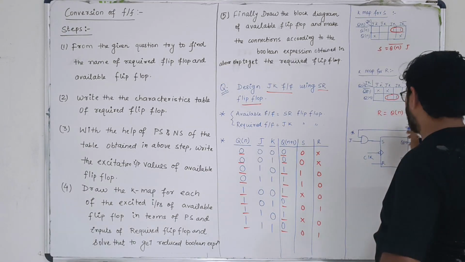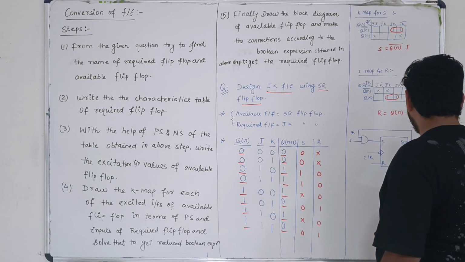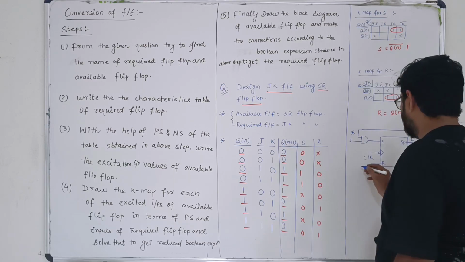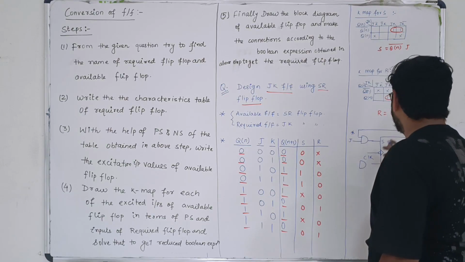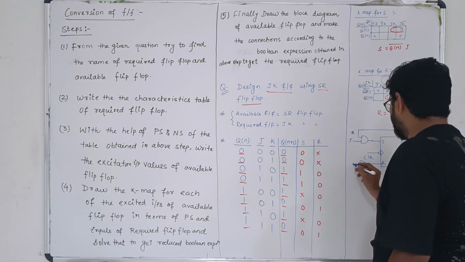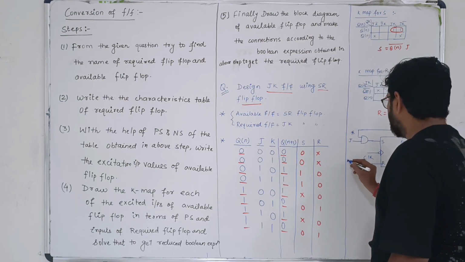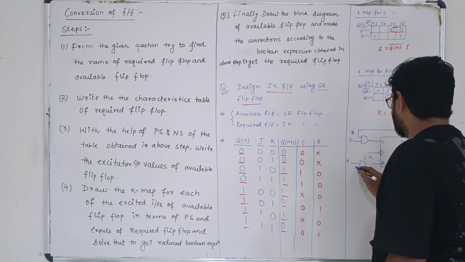Similarly, QN K. So I am taking QN from here, and I'll take an AND gate once again because I have to get the product of QN and K. So I'll take K over here, and from here I'll have the connection of QN.